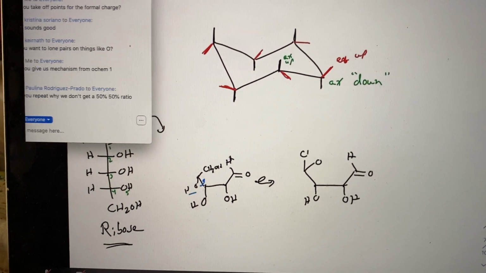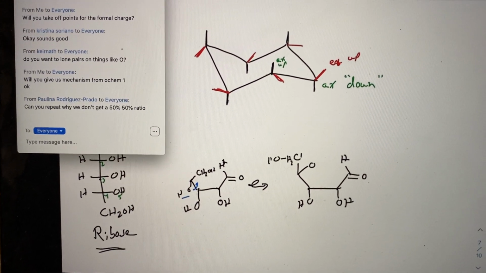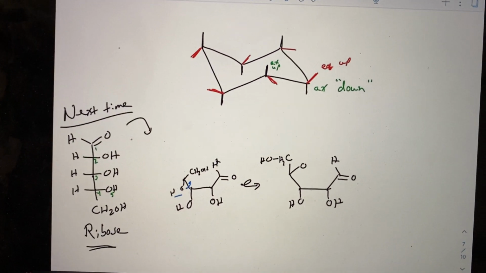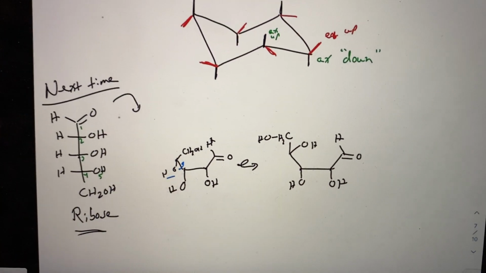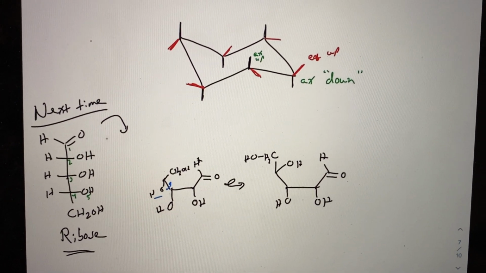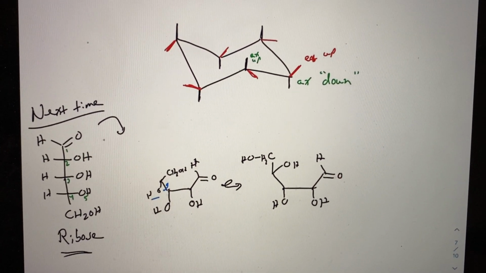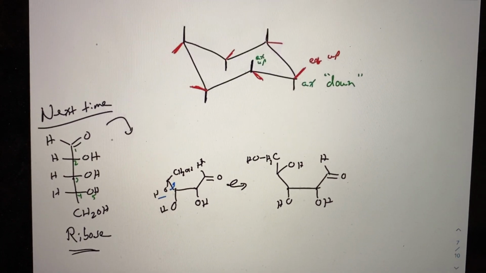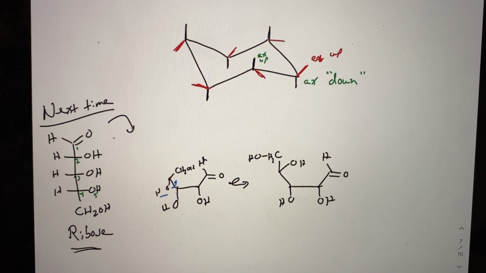Let's draw it like this, so that now we can carry out our formation of the hemiacetal. So we would end up protonating this oxygen here. This hydroxyl group is going to attack. I will skip those steps right now just in the interest of time because that's the same as what we've already seen.